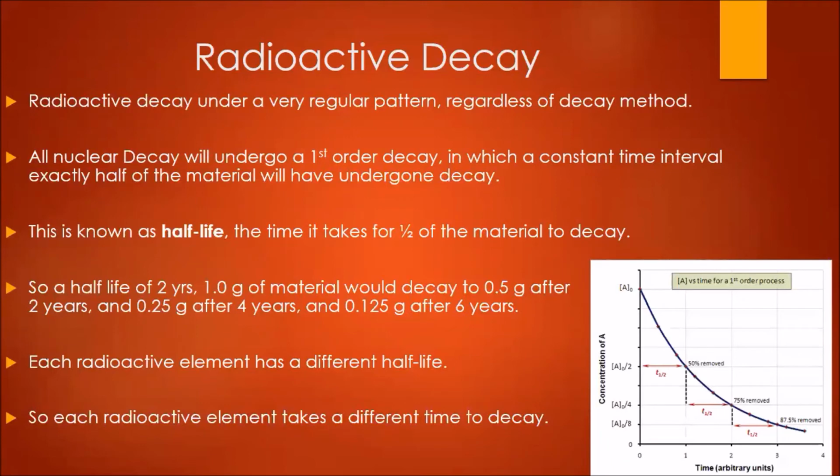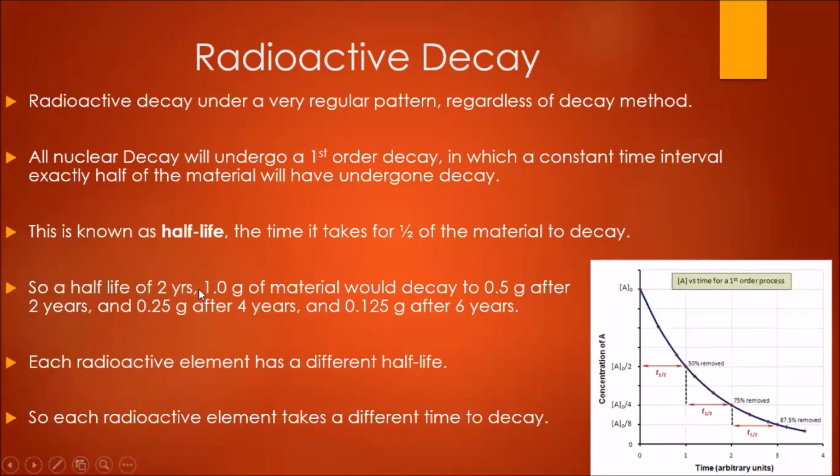Our half-life for first order decays was ln2 over k. So our constant, or our radioactivity, ln2 over that constant is our half-life, and it's very, very regular.